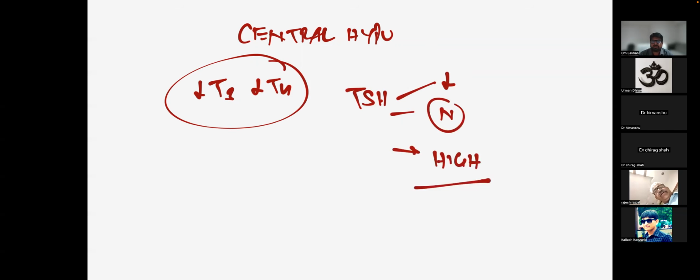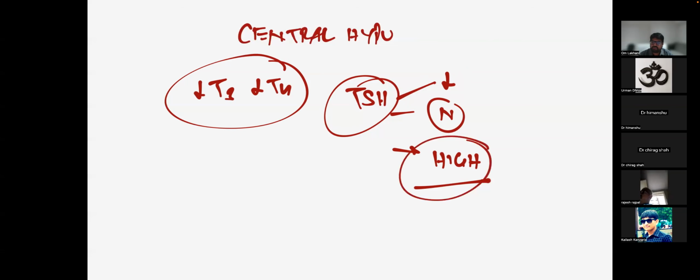Okay. So this is the trick part in central hypothyroidism. Now, the reason for that is TSH tends to have a higher half-life, tends to stay in the circulation, sometimes even aggregates with certain antibodies, and hence stays for a longer time in the circulation. Because it stays for a longer time in circulation, even in patients with central hypothyroidism, sometimes the TSH level can be high.